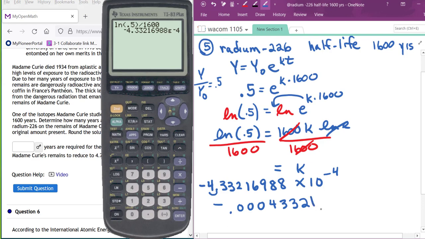And then this will be far enough. 4332, because the 1 can drop off, will give us 4 significant figures. All right, and I'm a little slack about this 0 in front of the decimal. You can get away with it mathematically. If you're in some science classes, be very careful, because some of them are very picky about actually putting it on there. All right, so this is our k.